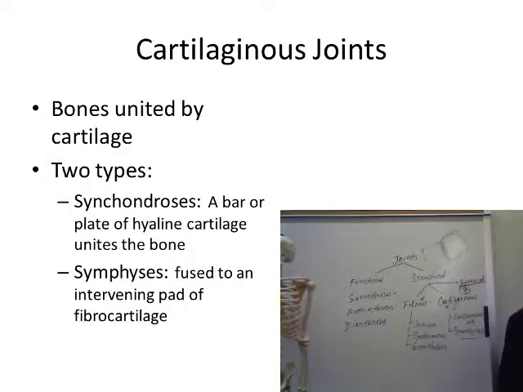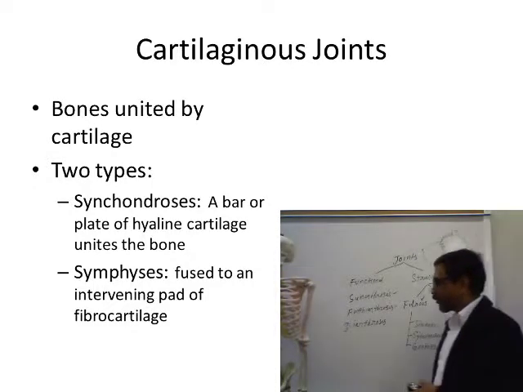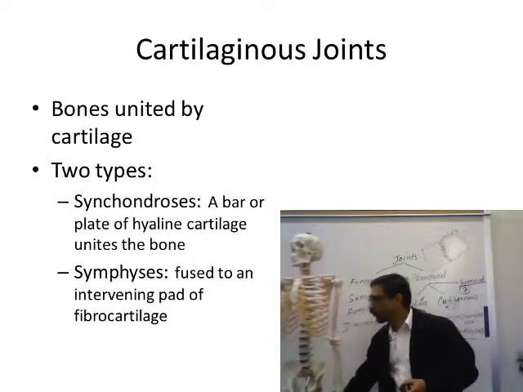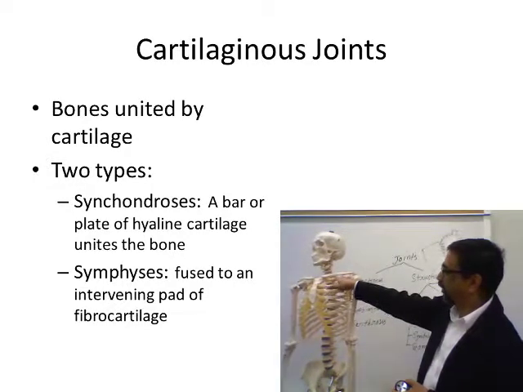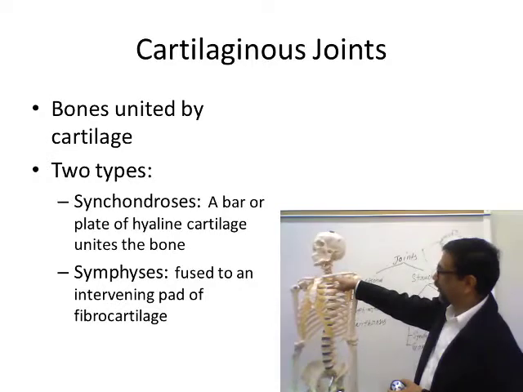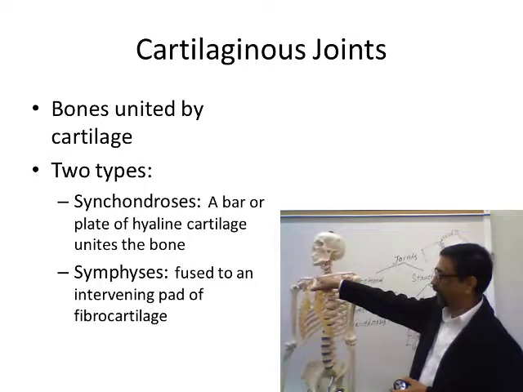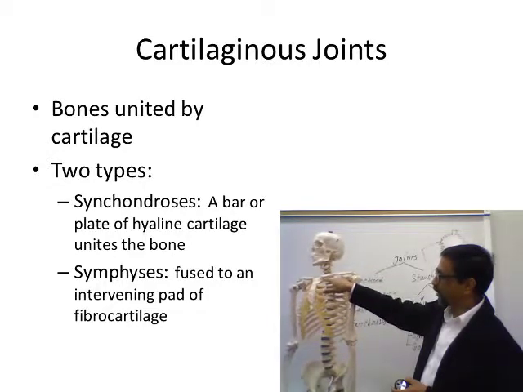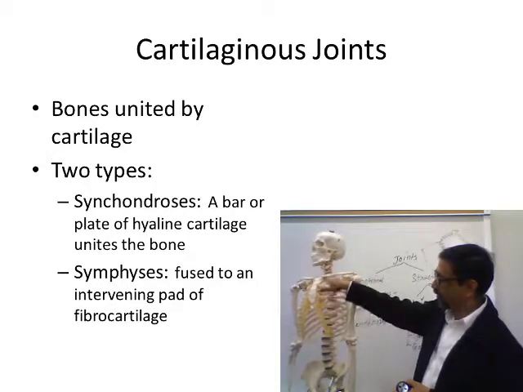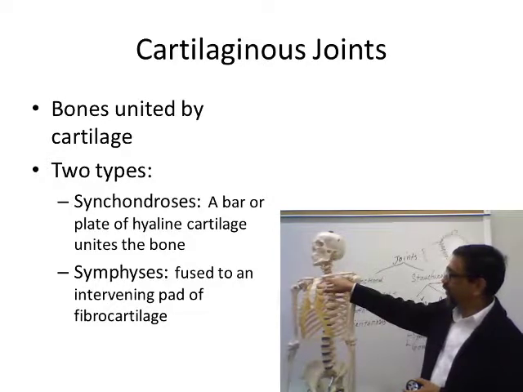So very simple. Example, you see here, this is the first rib, right? And you see here the rib is attached to the sternum by hyaline cartilage. All these are hyaline cartilage. So this is synchondrosis.